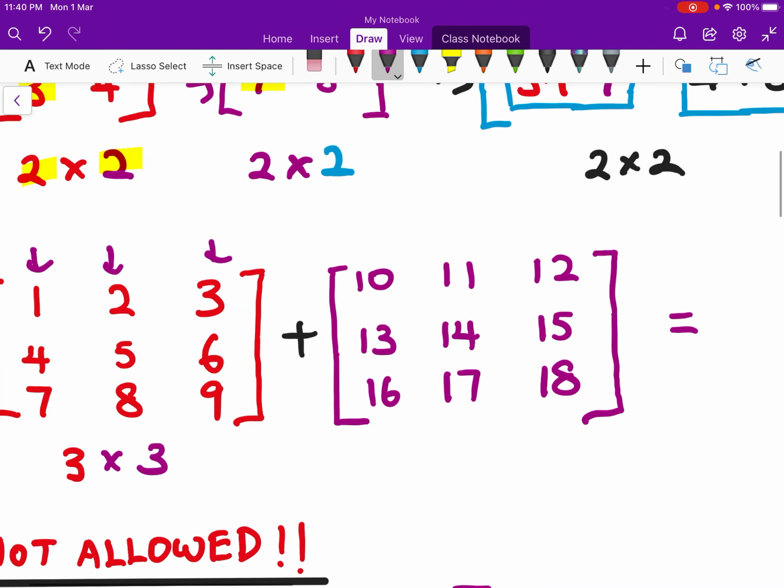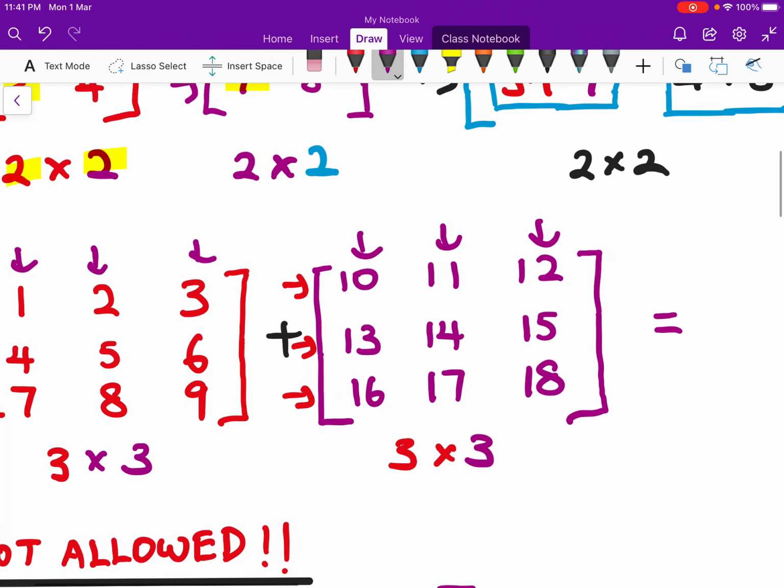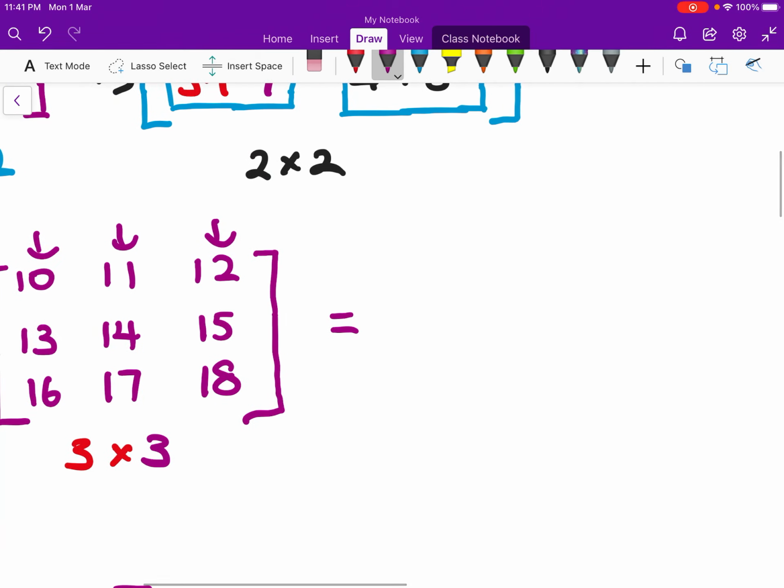The second matrix should also be 3 by 3, with 1, 2, 3 columns and 1, 2, 3 rows. Let us calculate the resulting matrix, which should also be 3 by 3.